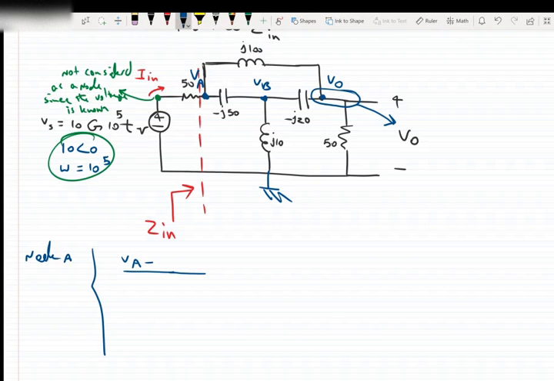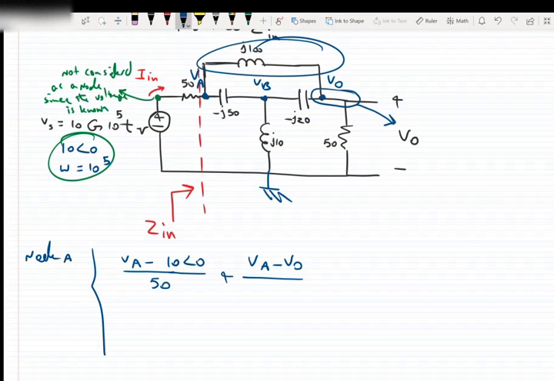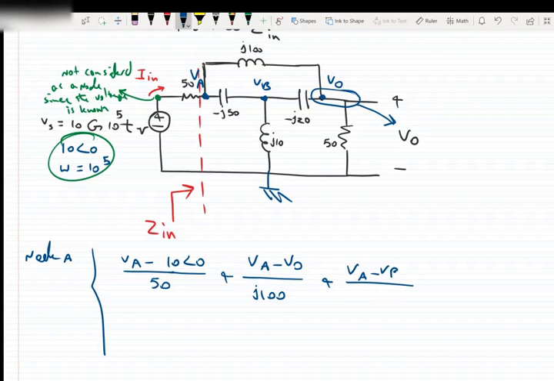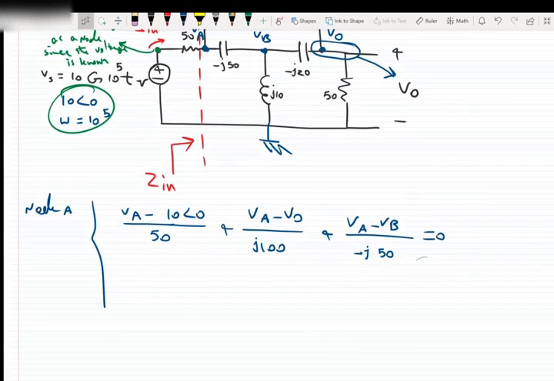So we say VA minus 10 with the angle of 0, over 50, plus VA minus VO for this branch, VA minus VO over J100, plus VA minus VB for this part over negative J50 is equal to 0.